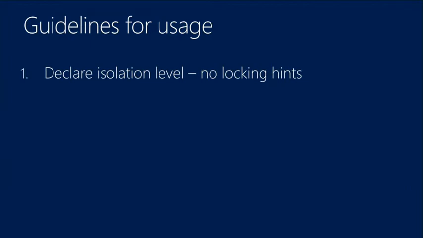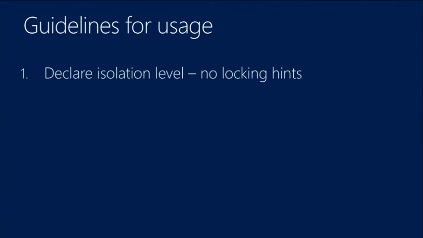So for example, you need some kind of serializable isolation based on one row in a table. Then you take an X lock on that row. So you say, hey, I want to run this operation with X lock. And then you guarantee that nobody else will touch that row during your transaction. You cannot do that with memory optimized tables.